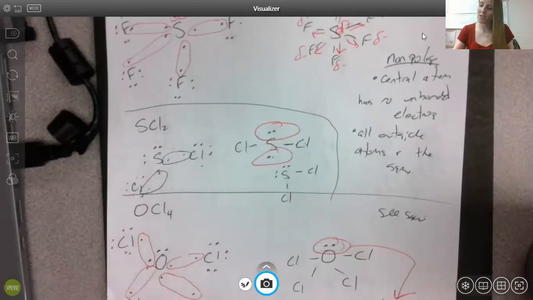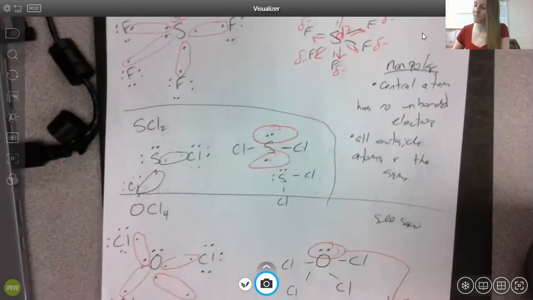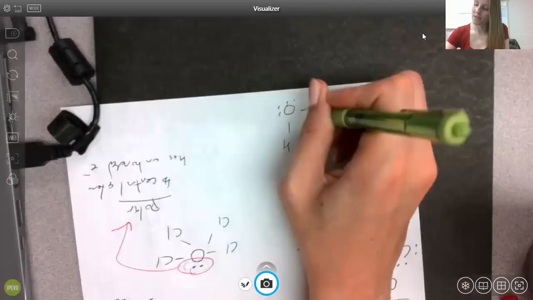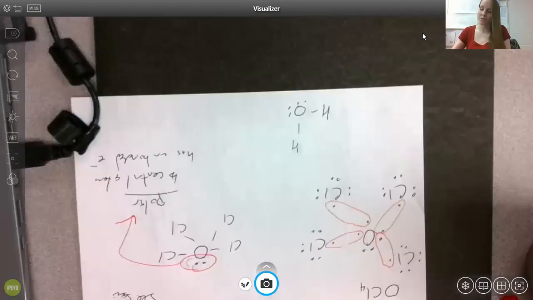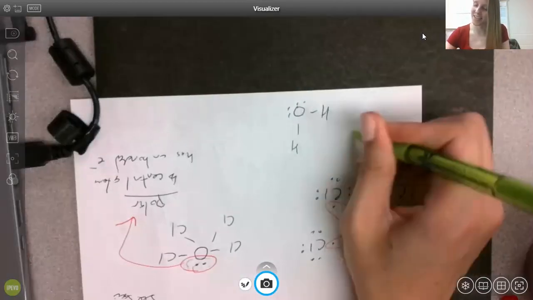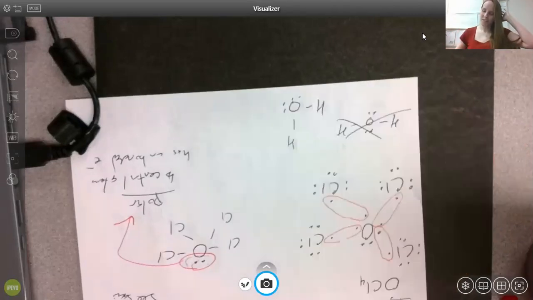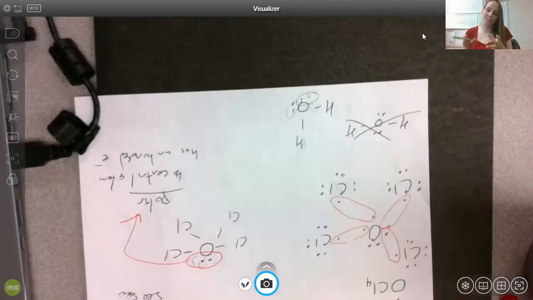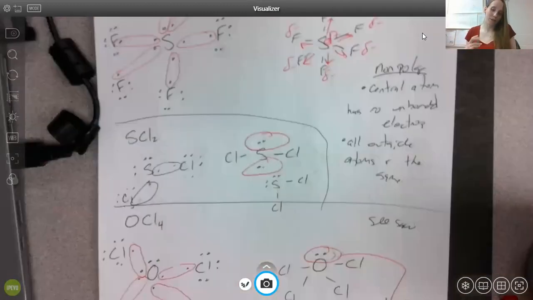Okay, so make sure, just like when we draw water, you should be drawing it like it's bent, as opposed to in a straight line. That's wrong. So anytime you have unbonded electrons, you need to bend your shape. Okay? That's really the only thing to watch out for. Other than that, let me know if you have any questions about this stuff.